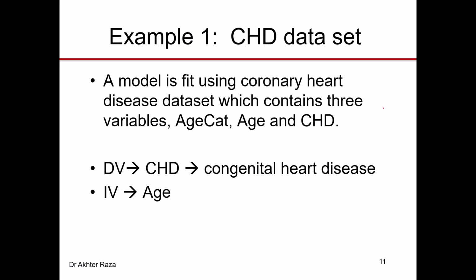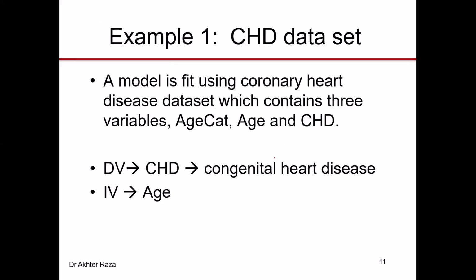If the person has a CHD value 1, it means congenital heart disease is present. Otherwise, it is 0, which means the person does not have the problem of congenital heart disease. And the second thing is the age variable, which is the person's age or the patient's age. So these are the two variables. My dependent variable is CHD.